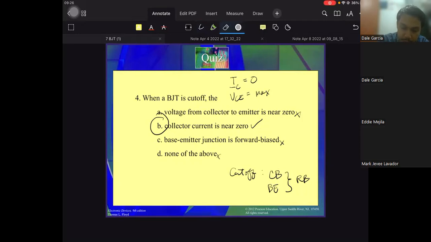Or if we could assume not near 0 but exactly 0, then D could be the answer if we approximate. Maybe if we had a microscope we could see a very small current. But for approximation purposes, you could say that IC is equal to 0. So maybe all of the above.